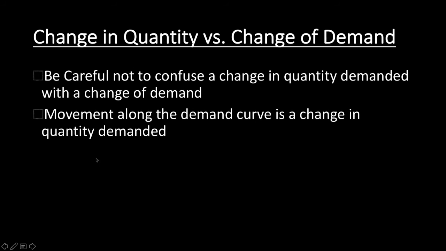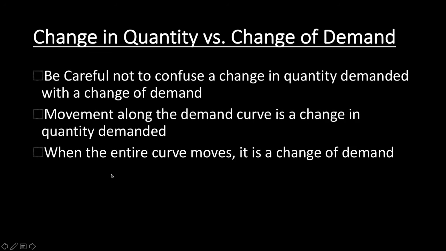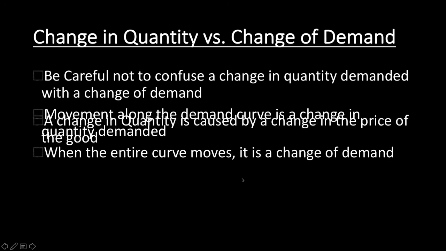That's caused by a change in the price of a good. If the entire curve moves, that's called a change of demand. That's going to be caused by those 5 factors, IP10, that I had talked about: income, price of related products, tastes and preferences, expectations, number of buyers.